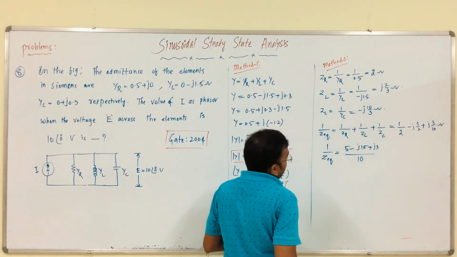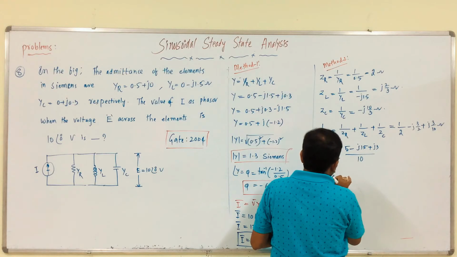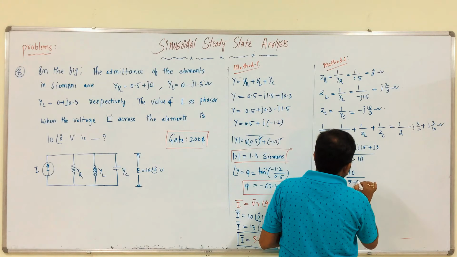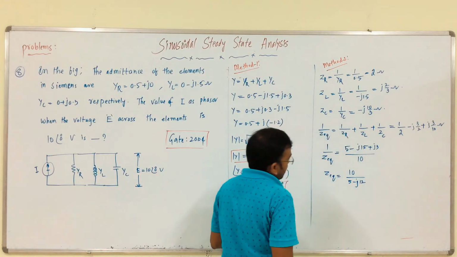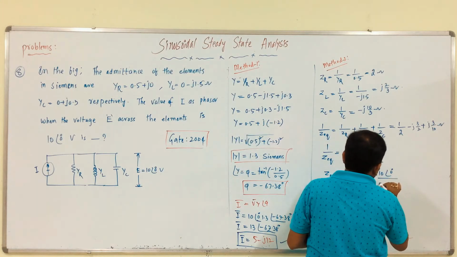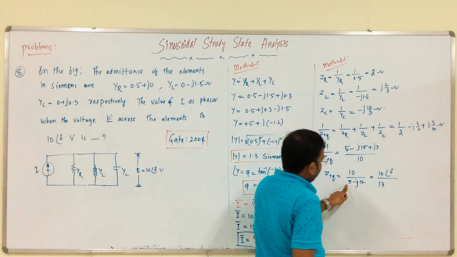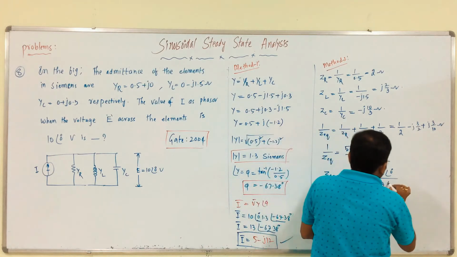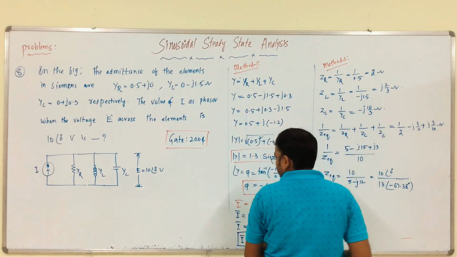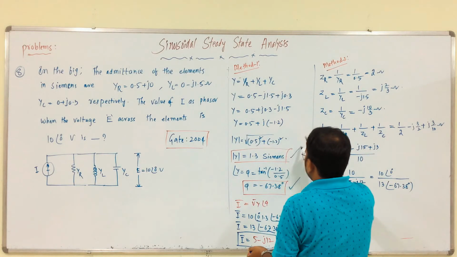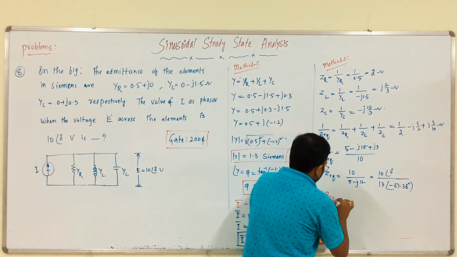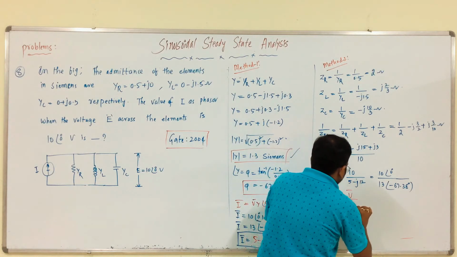This is Z equivalent. From this, Z equivalent is 10 by 5 minus j12, right, which is equal to 10 at an angle 0 by 13, since 25 plus 144, 13 at an angle minus 67.38. See, the answer is like this. So from this, Z equivalent is V by I, right?